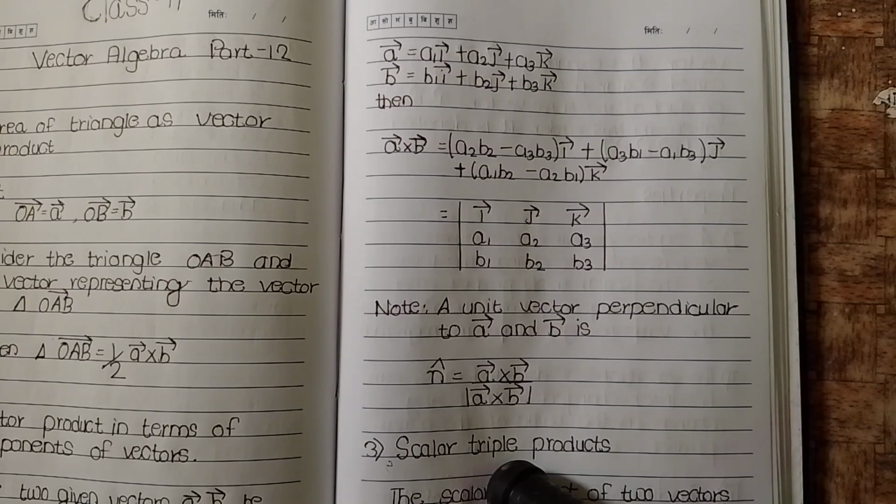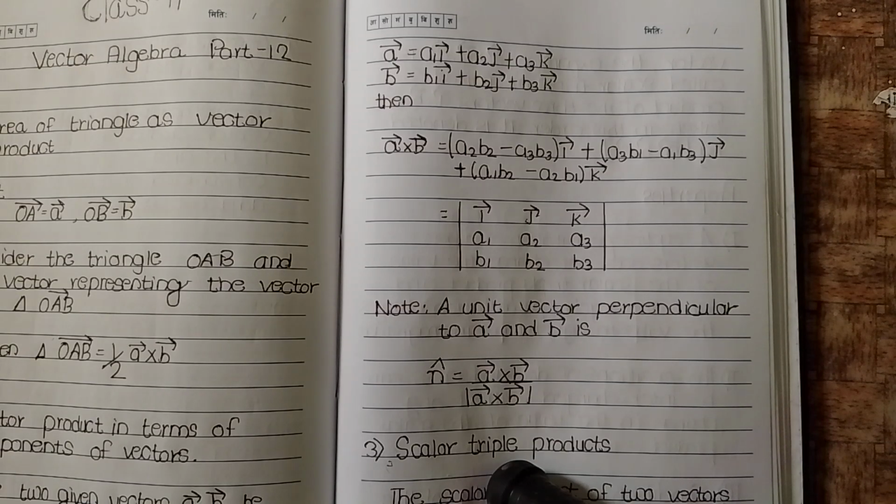So then A vector cross B vector is (A2 B3 minus A3 B2) I vector plus (A3 B1 minus A1 B3) J vector plus (A1 B2 minus A2 B1) K vector.